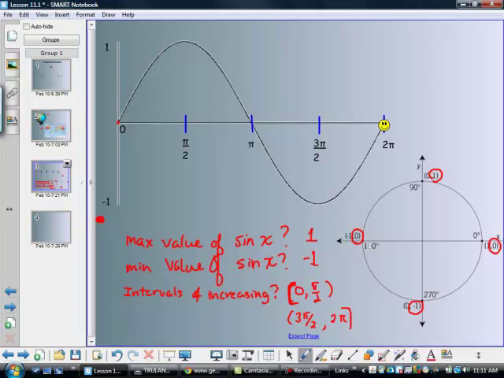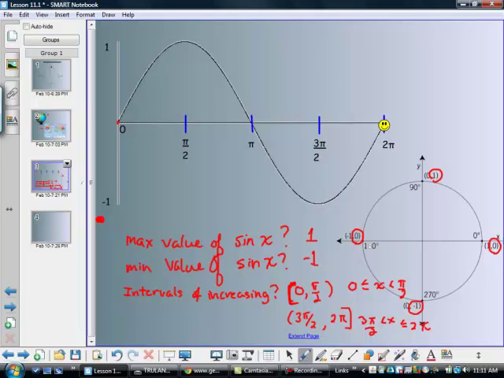And since we're ending there, we can put a square bracket. Now, if you don't like the open and square brackets, you can go back to the traditional. This can be written as 0 less than or equal to x less than pi over 2. Or this is 3 pi over 2 less than x less than or equal to 2 pi.